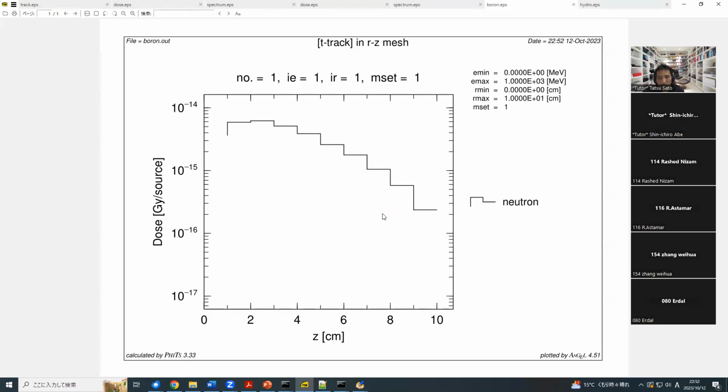So not always carbon needs to be replaced with carbon 12, but still we don't know the reason, so maybe better to set carbon 12 in your input if you use version 3.33. So this is very specific to 3.33. The other versions are okay.